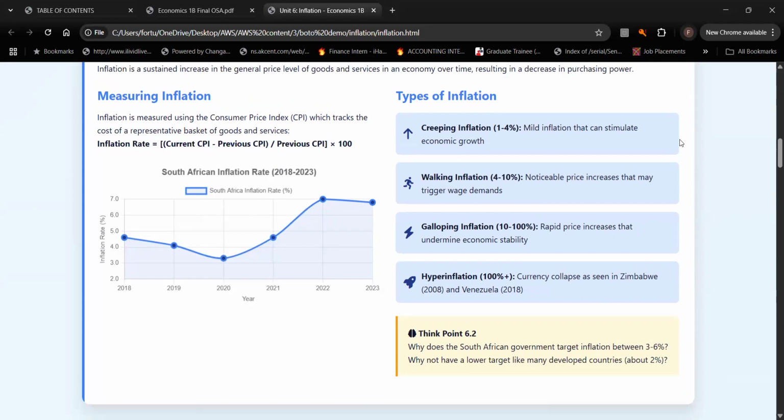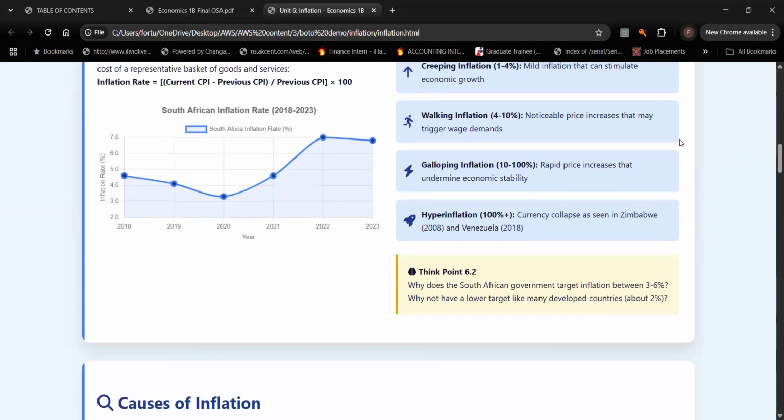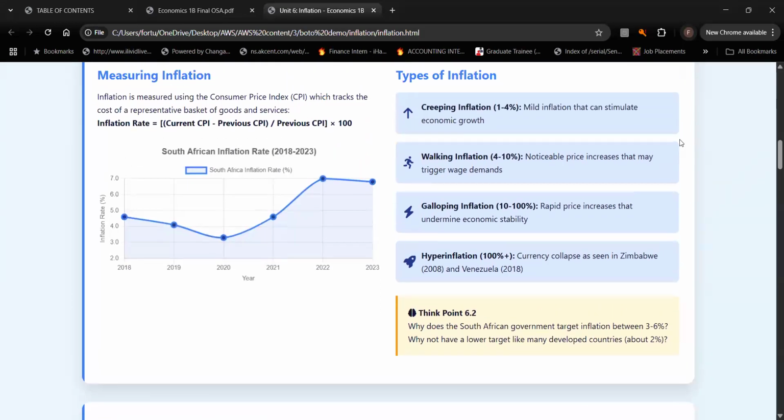So we're going to be looking at the types of inflation. There are various types of inflation that you can get within a particular economy. To zoom in to two distinct categories, you can have your creeping inflation, you can have your walking inflation, depending on the pace at which it is growing.